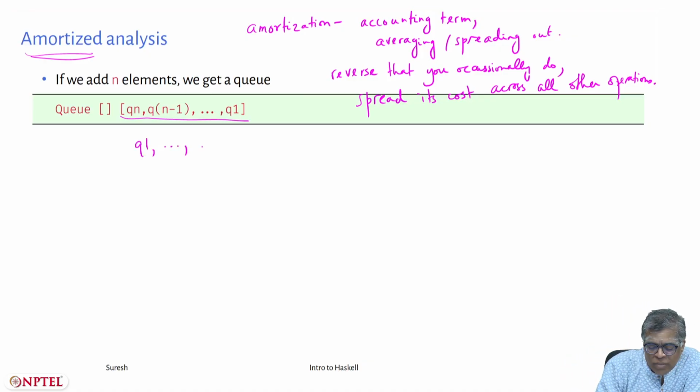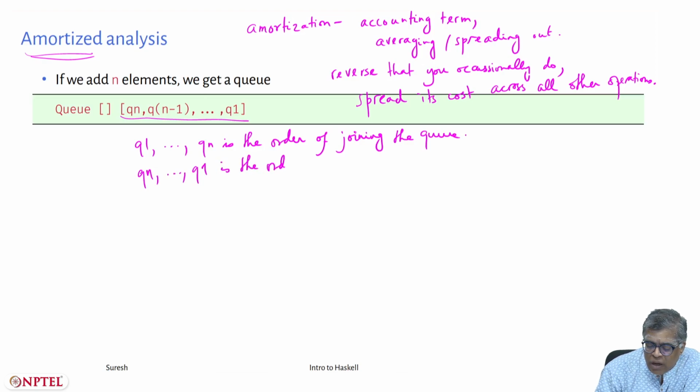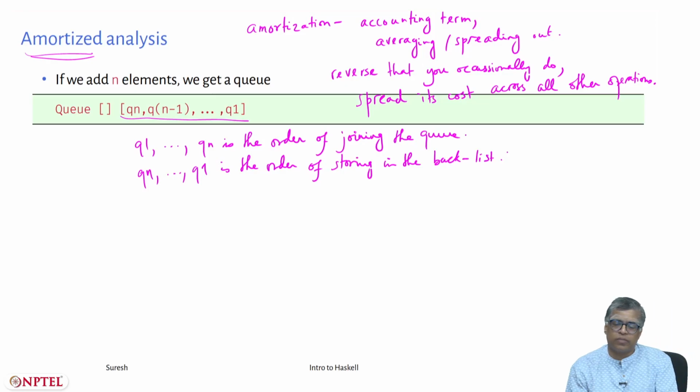Q1 to qn is the order of joining the queue. But qn is the order of storing in the back list.